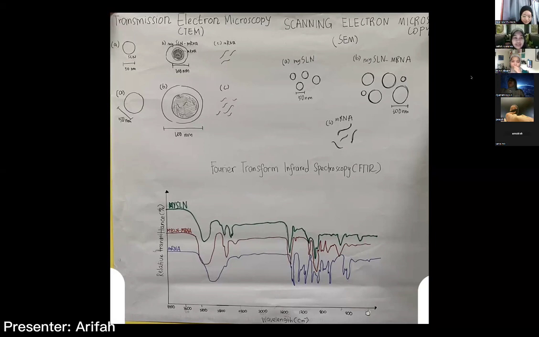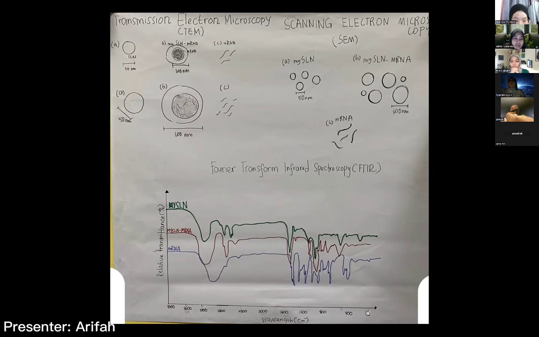Hello everyone. Now I will explain transmission electron microscopy and also scanning electron microscopy. In TEM, for my SLN, the size will only show 50 nanometers, and it will only show the blank one.